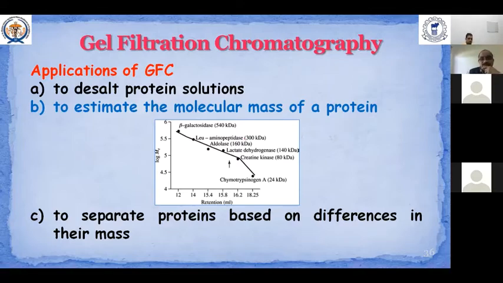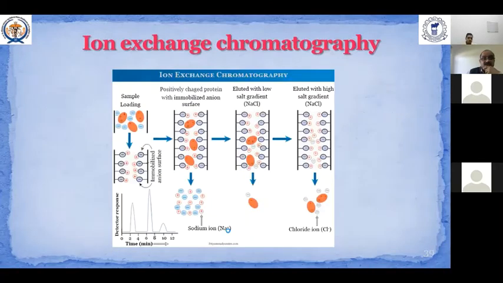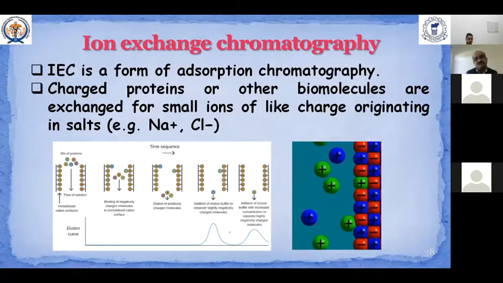The next type of chromatography is ion exchange chromatography. As we know, proteins have a net charge at a given pH. This is due to the presence of charged amino acids, which have charged side chains. For example, acidic amino acids are negatively charged at pH 7, whereas basic amino acids have a positive charge, and they impart the charge on the proteins.